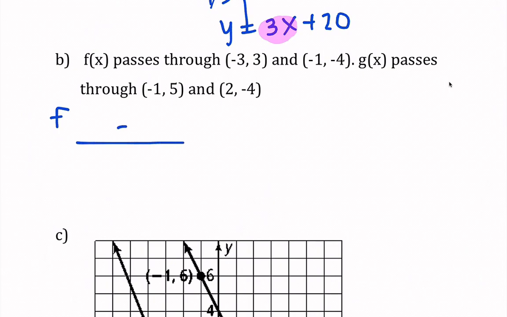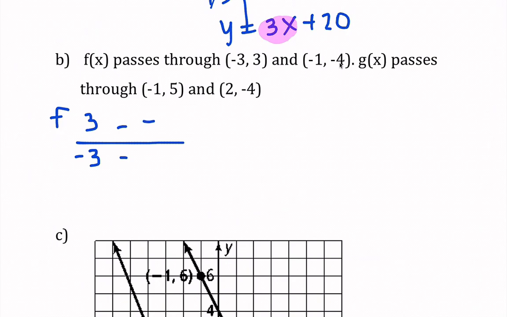To find the slope of 2 points, I start with a fraction bar with a minus sign on top and bottom. We put y's rise. So if I look at this point, the positive 3 is my y, so I'm going to put that on top. The negative 3 is going to drop below it. Next point, y rises. So my y is the negative 4, so that rises to the top.